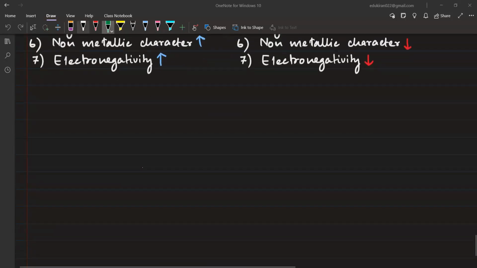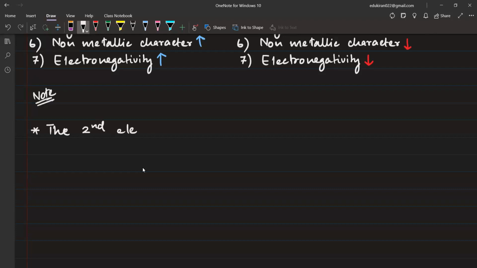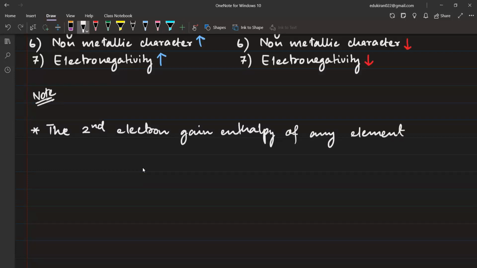Please write a note. The second electron gain enthalpy of any element has a positive value, meaning it is endothermic.